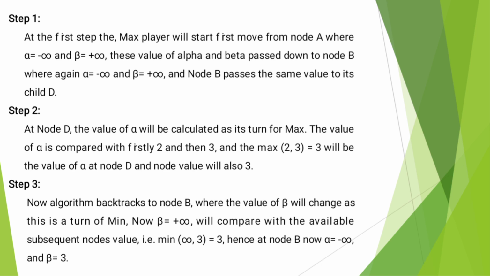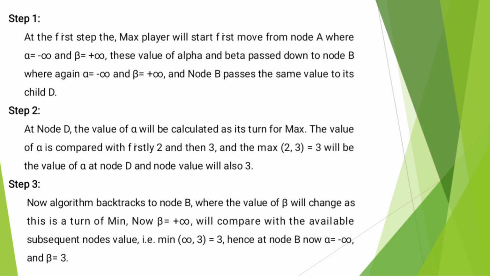Next, the algorithm backtracks to node B, where the value of beta will change as this is the turn of minimum. Now beta, equal to plus infinity, will be compared with the subsequent node value: minimum of infinity comma 3 is 3.